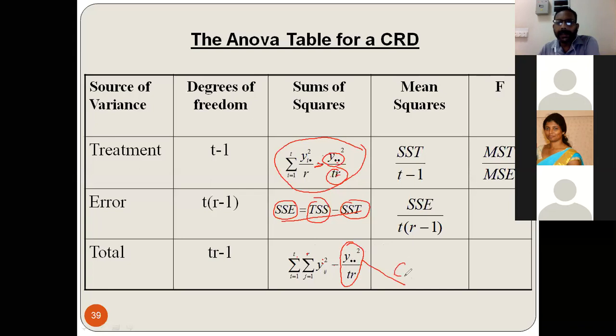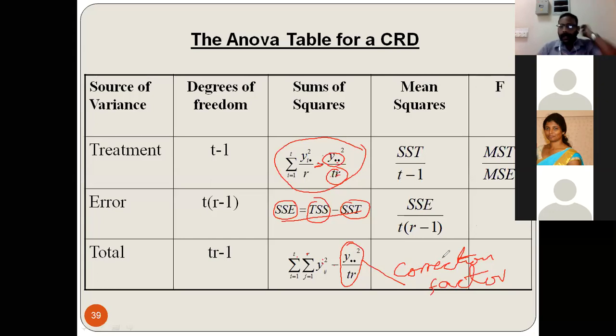This is called the correction factor. So grand total square divided by tr. Clear? Any questions? We'll do a sum later and see.